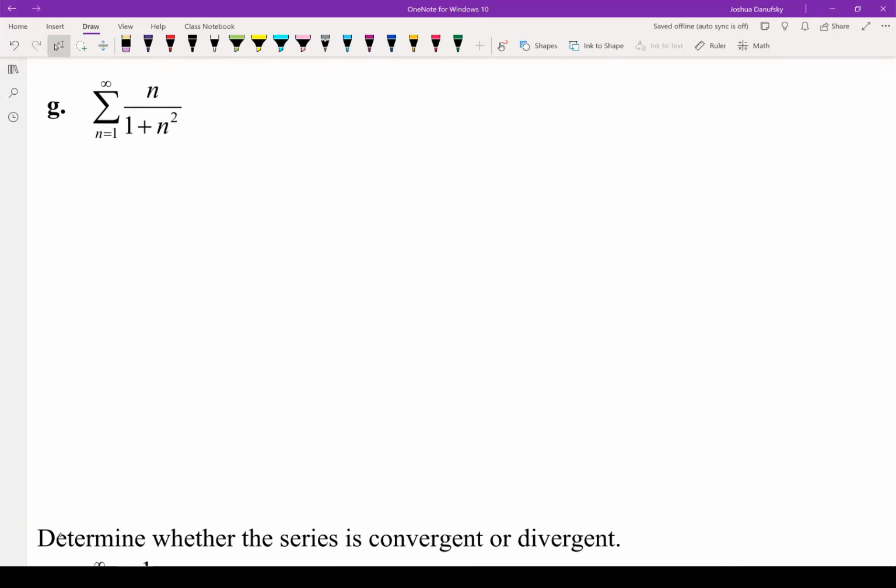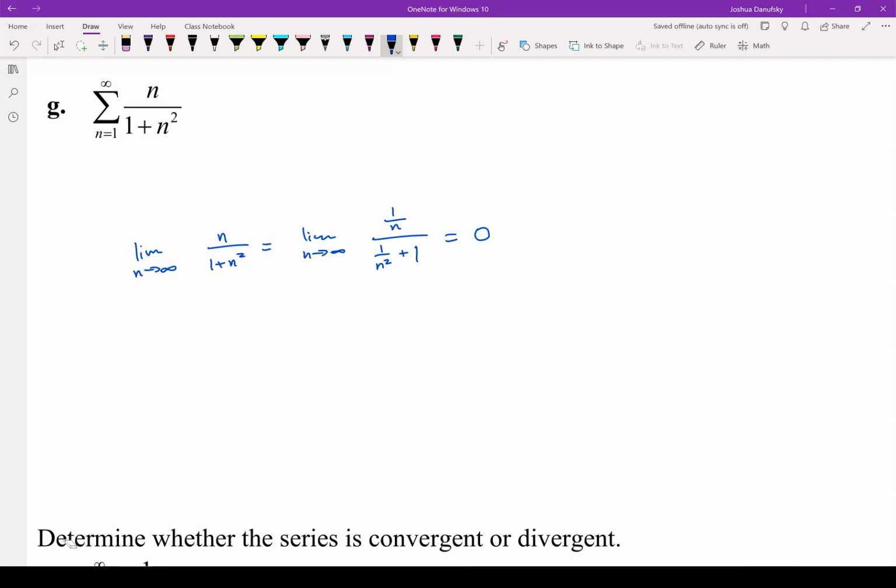Part G, the sum n equals 1 to infinity of n over 1 plus n squared. Here again, we can first try the test for divergence. The limit as n goes to infinity of the terms of our sequence goes to 0, so the test for divergence is inconclusive.